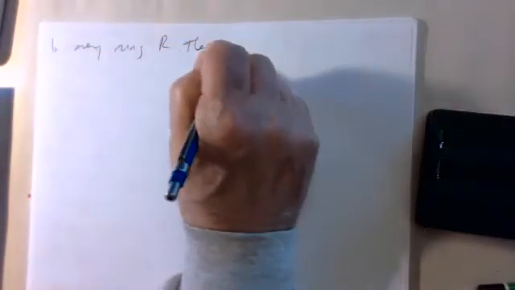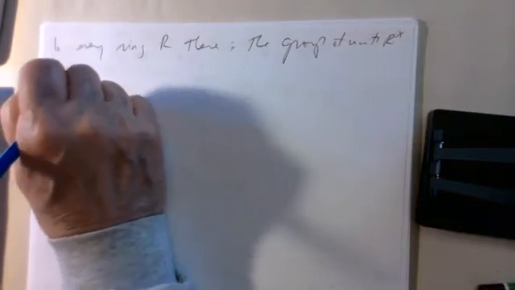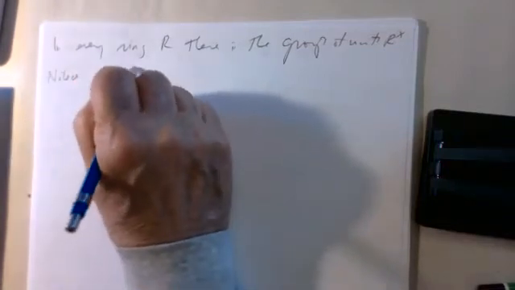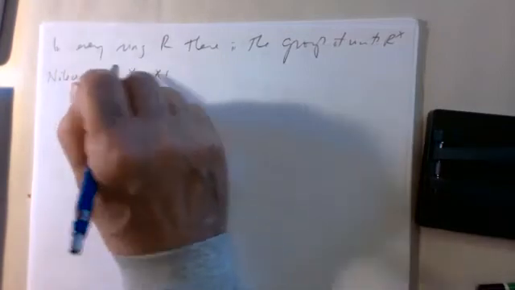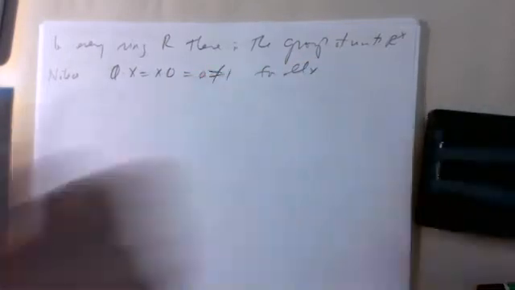So in every ring R, there is the group of units, R times. Notice 0 times x and x times 0 is 0 for all x, which means it's not 1.